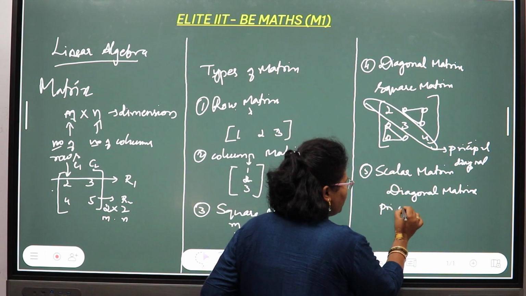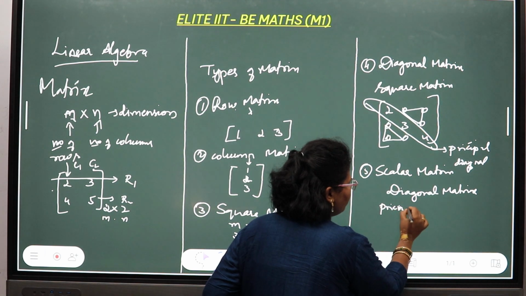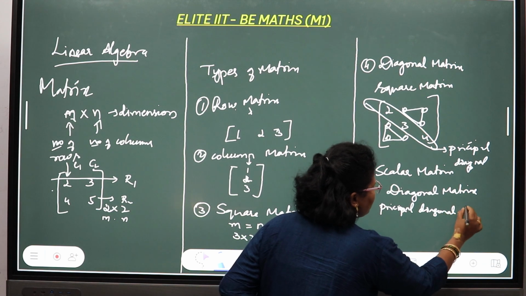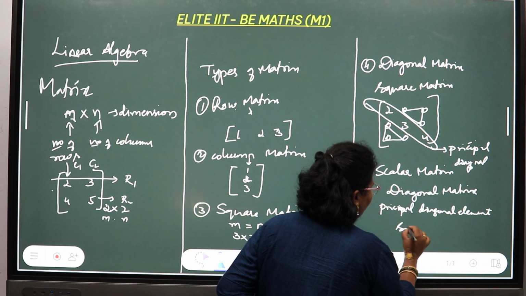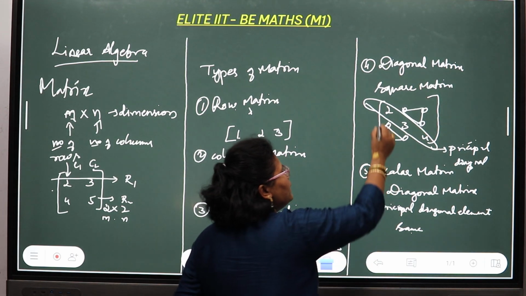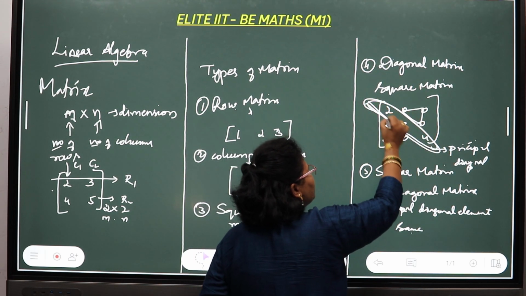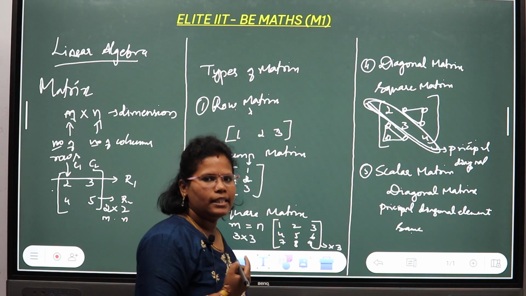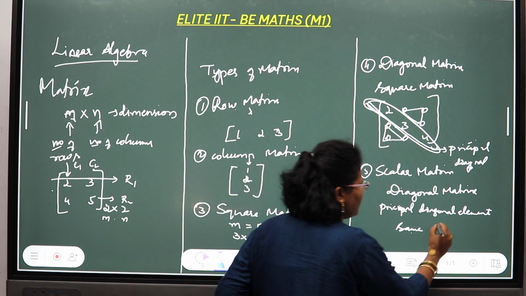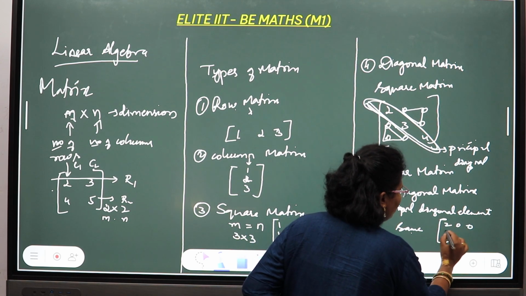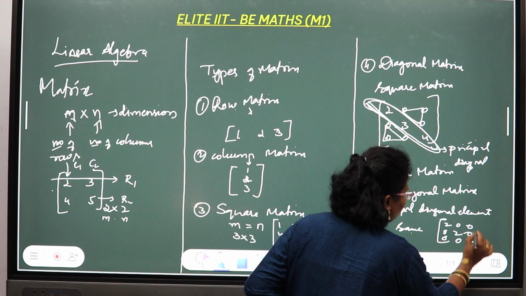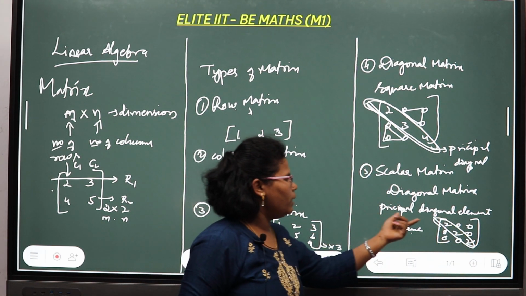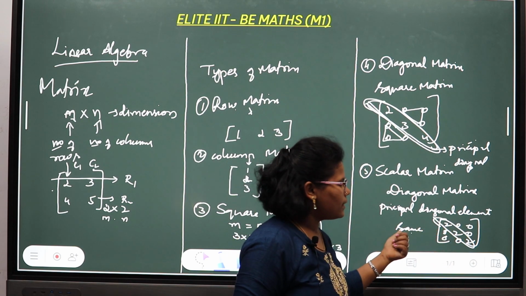The principal diagonal elements must be the same. That means in these positions I should have the same number. Then only I can say it's a scalar matrix. So I give the example 2 0 0, 0 2 0, 0 0 2. This I can say is your scalar matrix because my principal diagonal elements are the same.